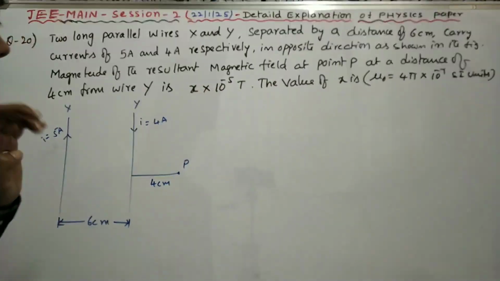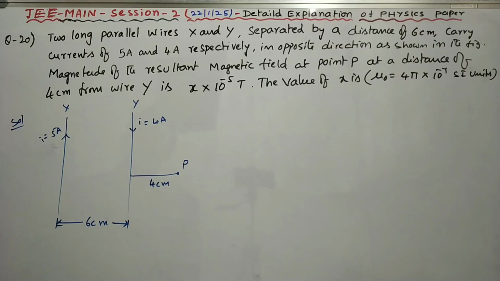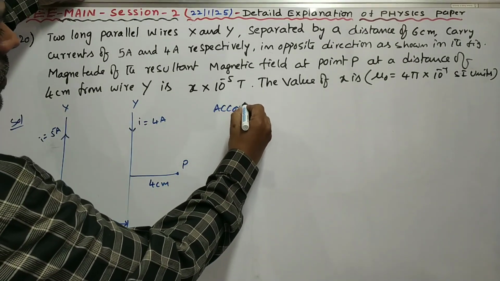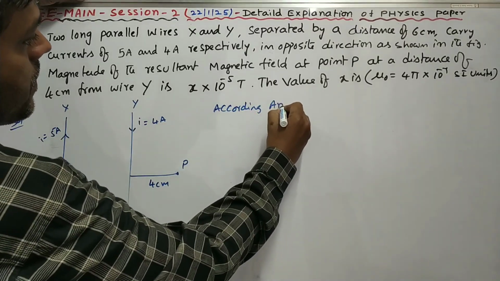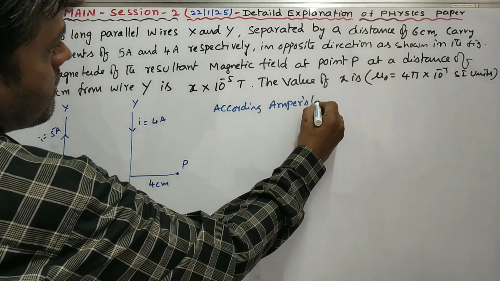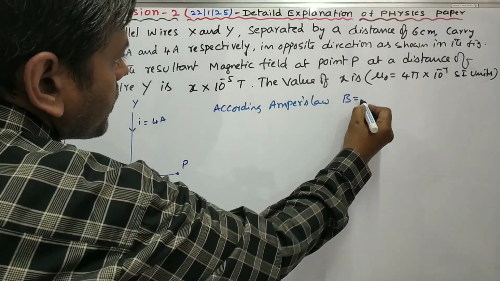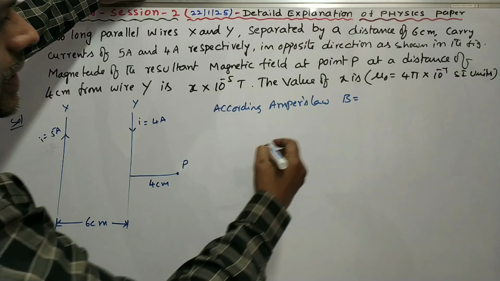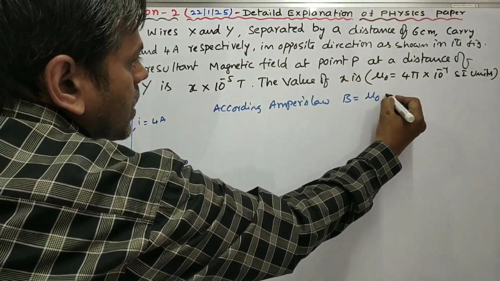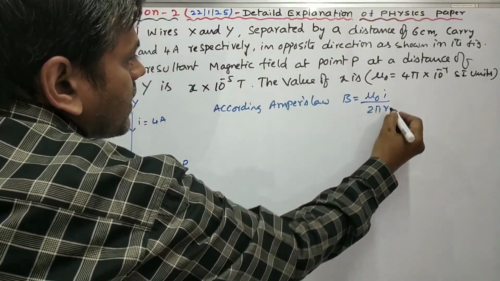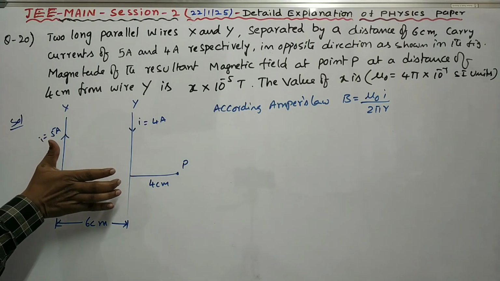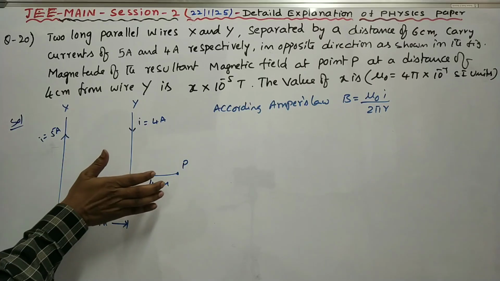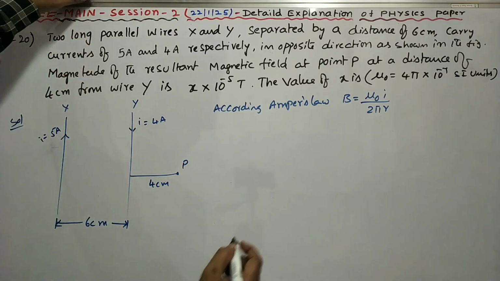The value of X is, to see, according to Ampere's law, the magnetic field produced by a straight current carrying conductor at a perpendicular distance is given by B is equal to mu naught I by 2 pi r. The direction of the magnetic field at this point P due to wire X is into the board, that means into the plane.